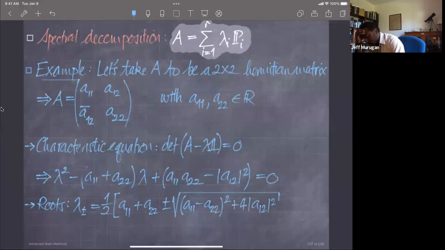Those are the roots of the characteristic equation. And given the roots of this characteristic equation, we can quite straightforwardly write down the inverse of the operator, the matrix A minus lambda I.